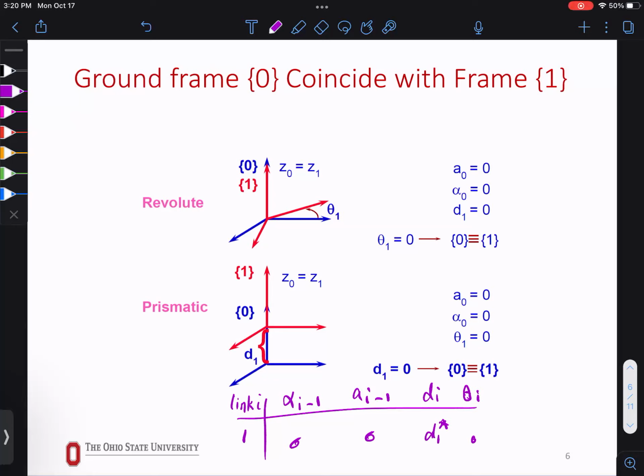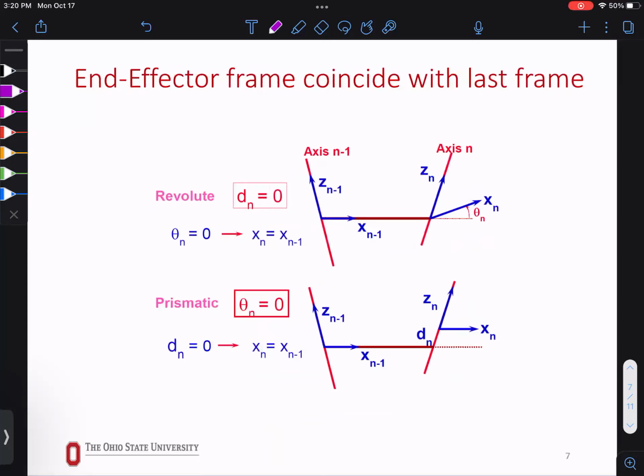I have it in my annotated version for you, if you wanted to reference that. For the end effector frame, similar. You could have your end effector coincide with your last frame, or you can say, no, it's away, but by an offset. So you will have an extra d, but everything else is 0, because there is no value there, right?